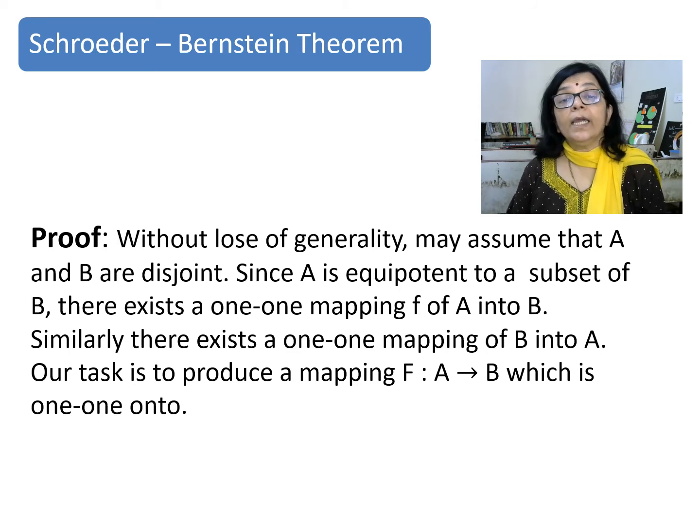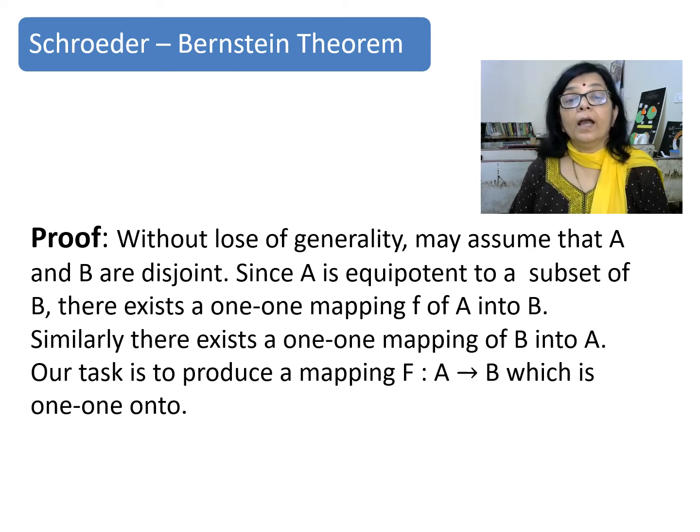Since A is equipotent to a subset of B, there exists a 1-1 mapping f of A into B. Similarly, there exists a 1-1 mapping g of B into A. Our task is to produce a mapping capital F from A to B which is 1-1 onto.